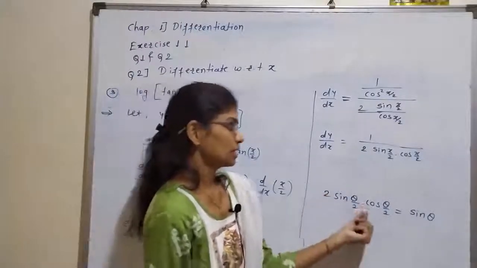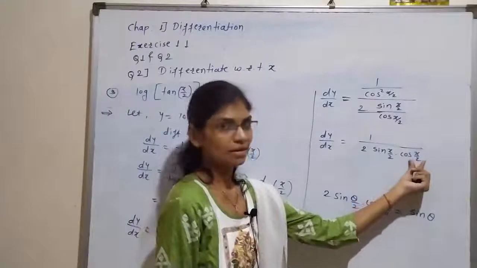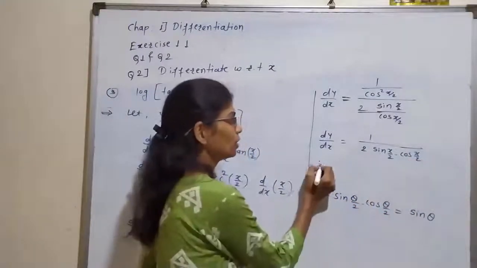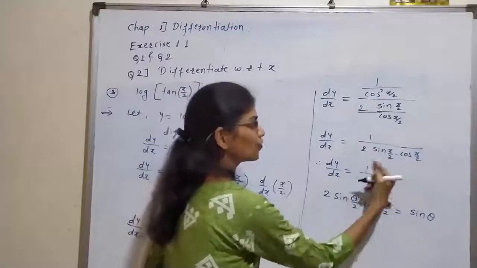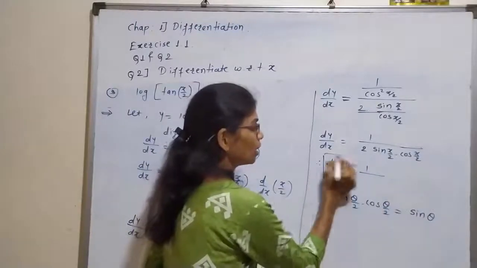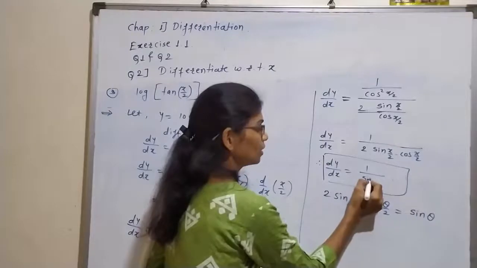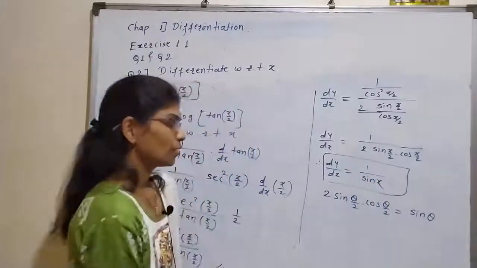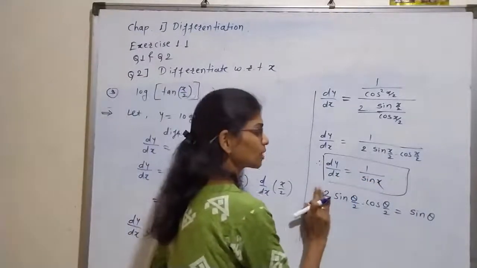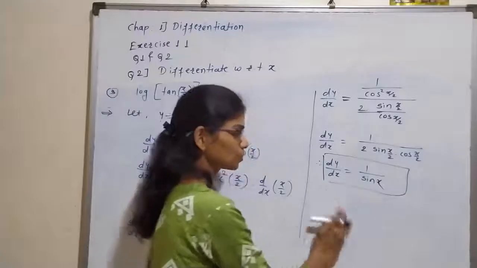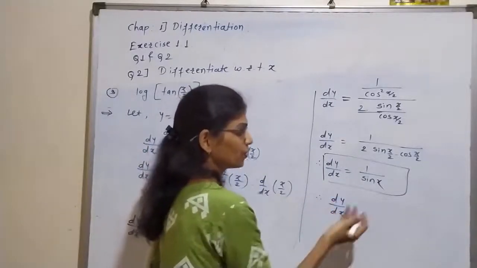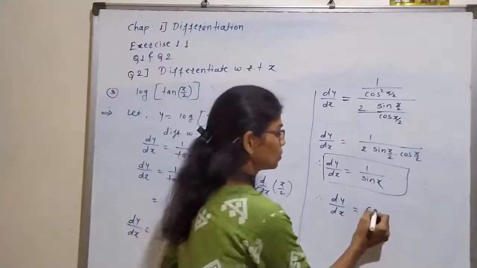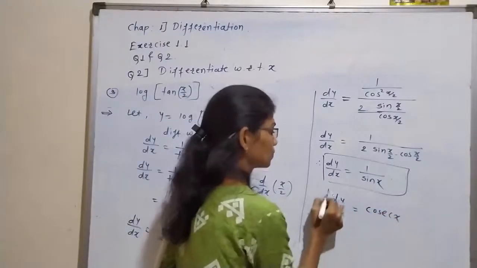Here instead of theta there is x, therefore dy by dx is equal to 1 divided by sin x. 1 divided by sin x can be written as cosec x also. Therefore the answer can be written as cosec x.